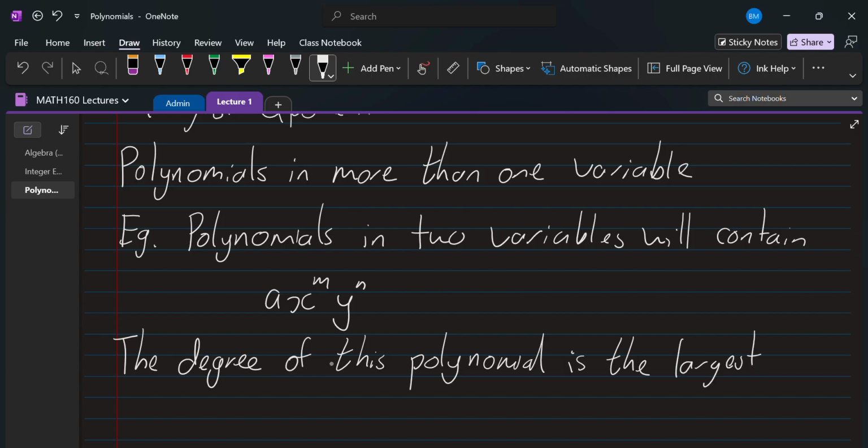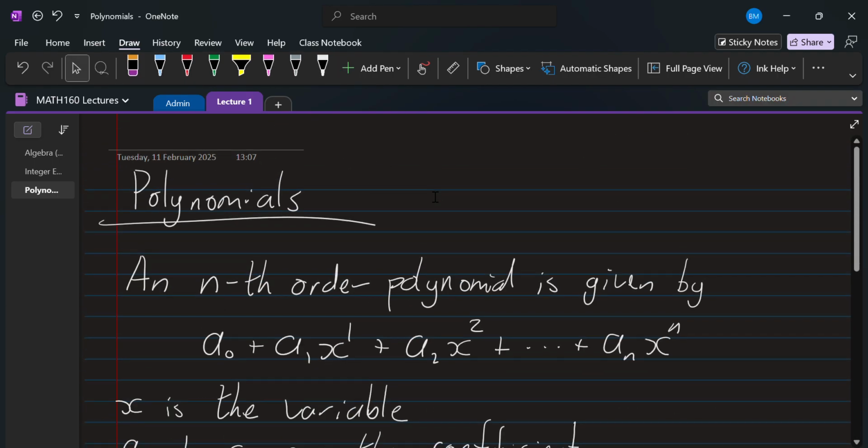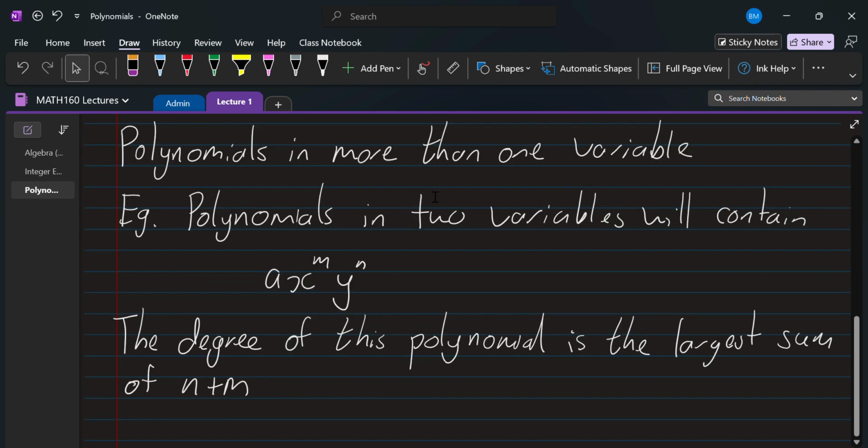Polynomials in 2 variables will contain something like a x to the m, y to the n. So it'll be some sum of these.